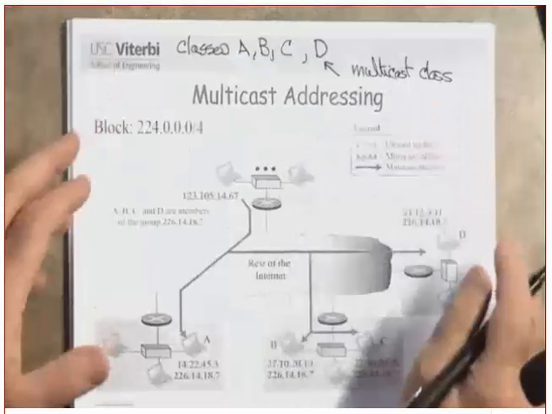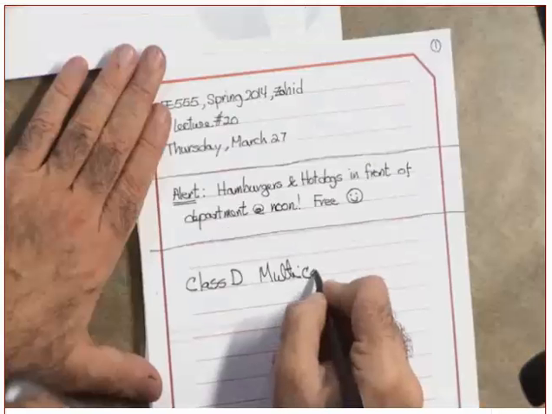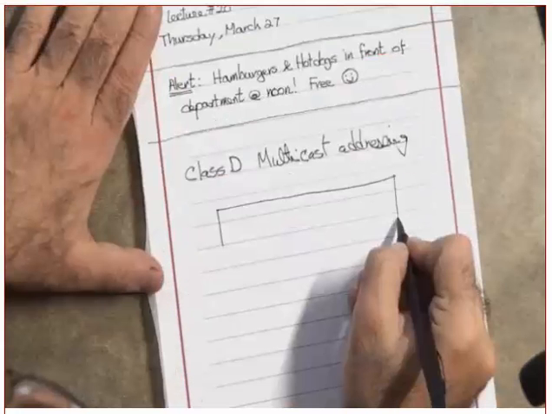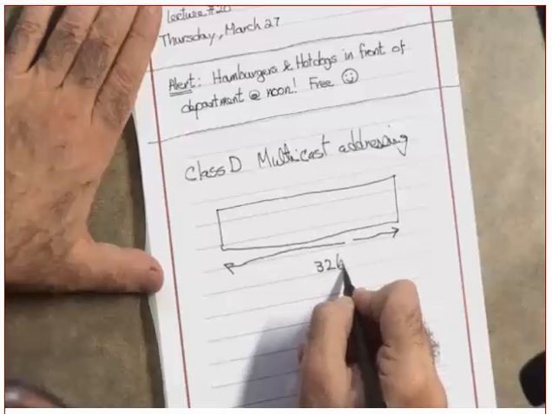This first byte starts with a fixed prefix, and the remaining digits go from 0000 all the way to 1111. What is it in decimal? 224 to 239. Did you get this or not?